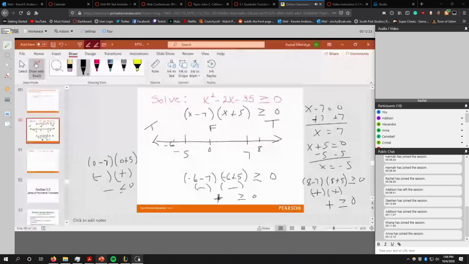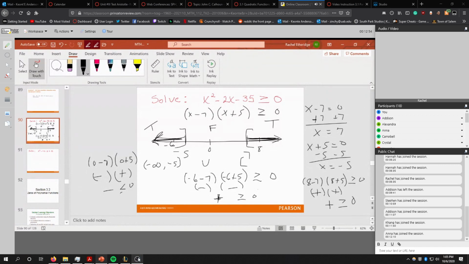Now, because we have an equal sign here, we put a bracket, and we shade to the right and we shade to the left because that's where we got a true. So if your answer is to be in interval notation, it's a union.